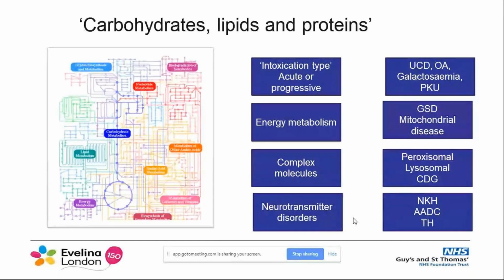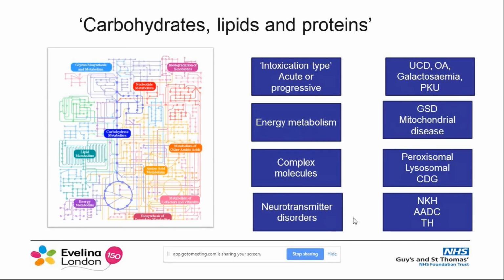So the acute ones are the ones that cause hyperammonemia, so urea cycle defects, organic acidemias. Galactosemia can cause liver failure, so that's an intolerance or inability to break down lactose or galactose. PKU tends to cause a much more progressive neurological presentation if left untreated, so it's not an acute decompensation as such.